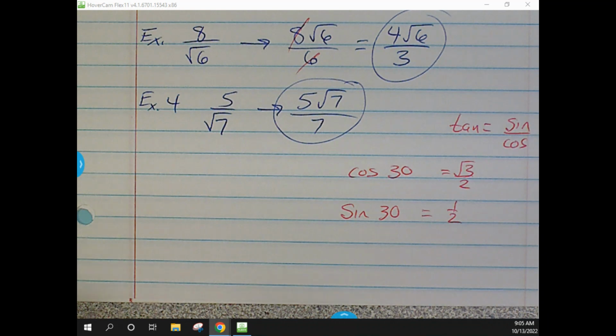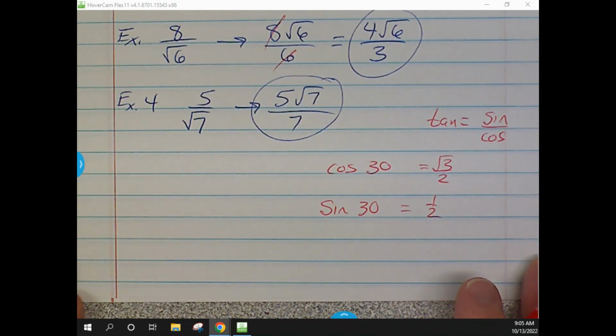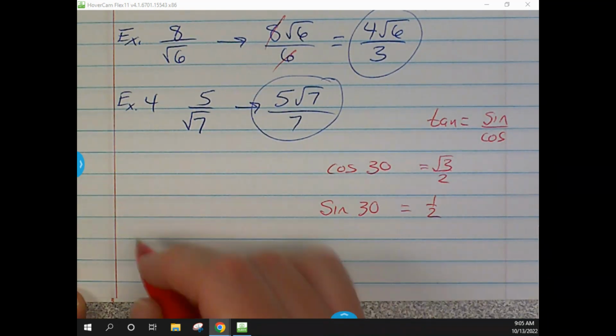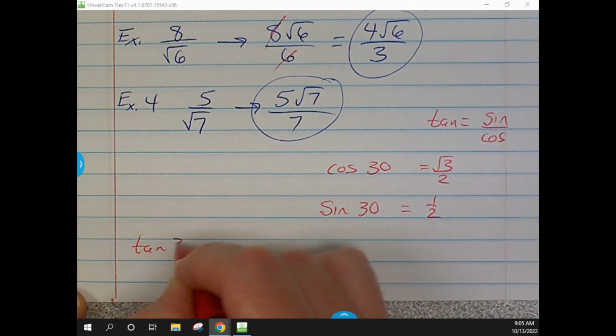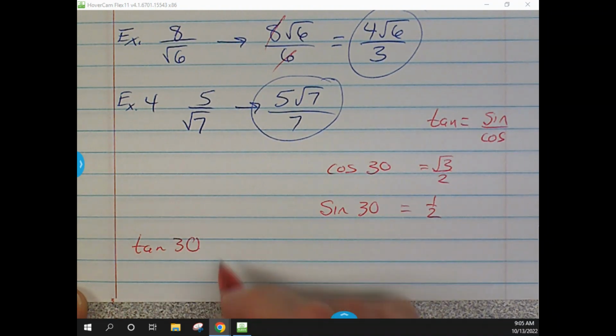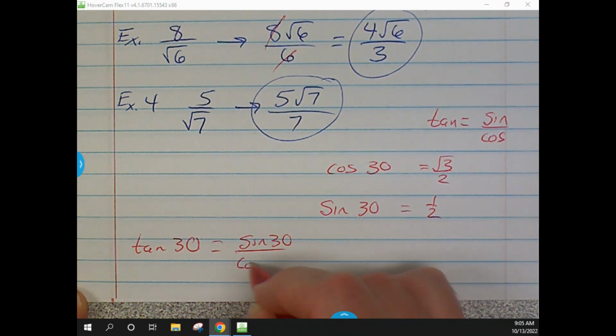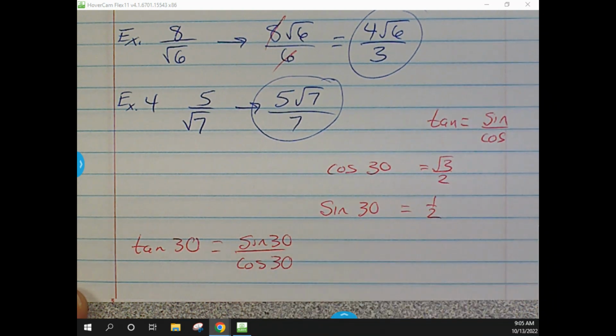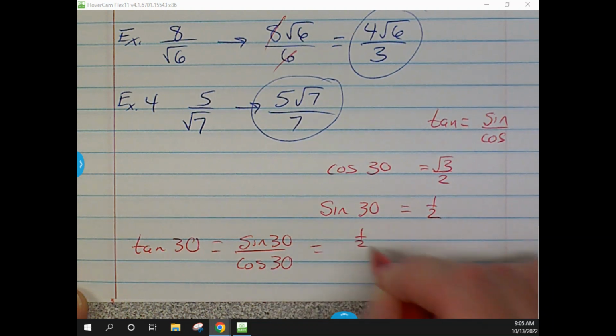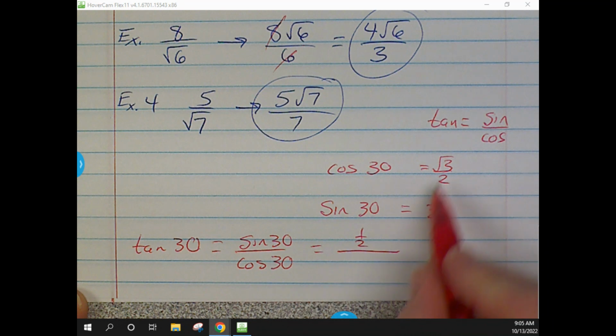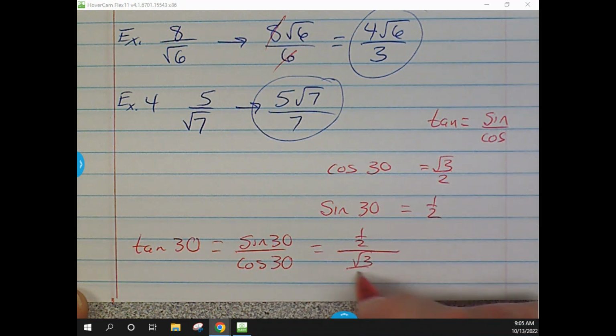Okay, so if they ask you for tangent, which is where we're going next on this one. If they ask you for tangent of 30, tangent of 30 would be sine of 30 over cosine of 30. We know that sine of 30 is 1/2. Cosine of 30 is square root of 3 over 2.